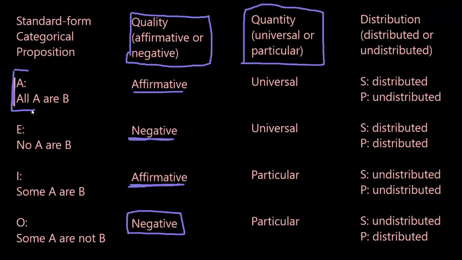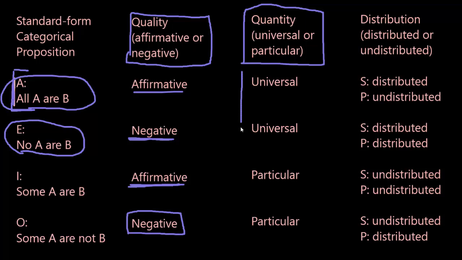So when I say all A are B, I'm saying of everything that's an A, it's in the category B. And when I say no A are B, I'm saying of every single A, none of them are going to be in the category B. None of them are going to be B's. So when we say all A or no A are B, we're dealing with universal statements.